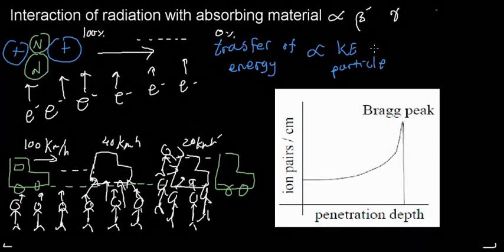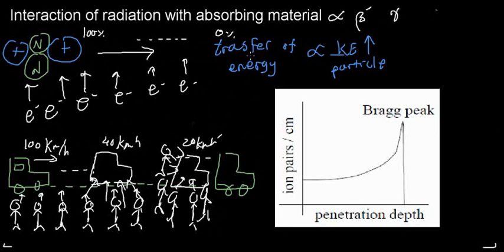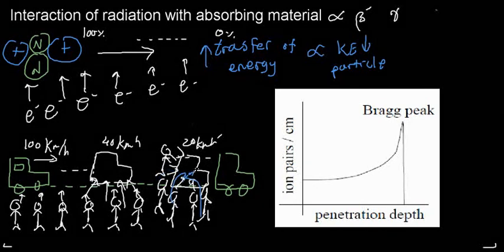And what I really mean is that if I have a lot of kinetic energy, I'm moving really fast, I'm not transferring a lot of energy. But the slower this train gets, if the kinetic energy is lower, it's transferring a lot of energy because a lot of people are able to jump on board.